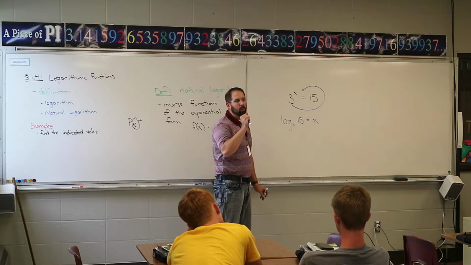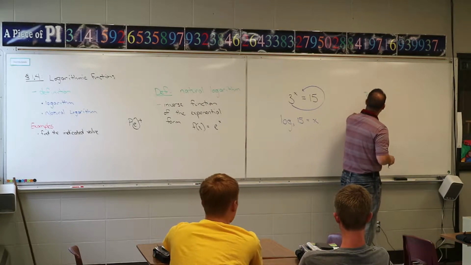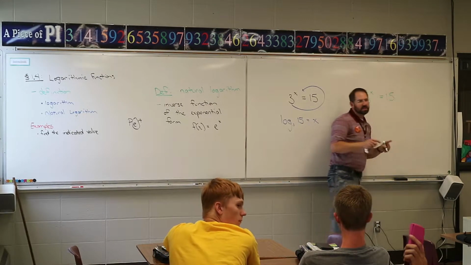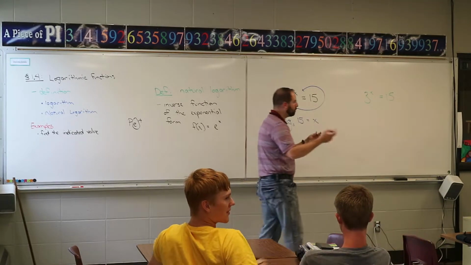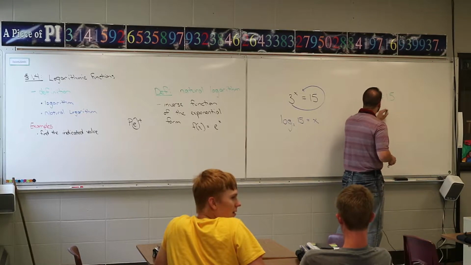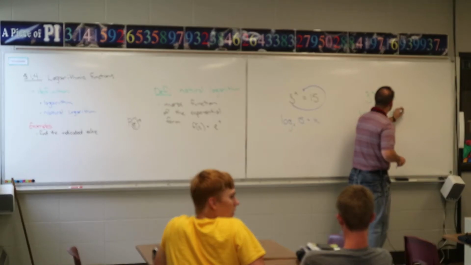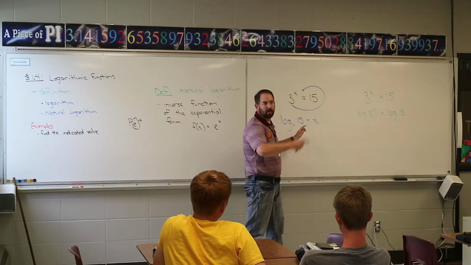So now, what you can also do is this. 3 to the x equals 15. You can actually just take the log of both sides, because it's an equation, you can do the same thing to both sides. Just take the log of 3 to the x, and it brings the x up, x log 3 equals log 15. You can do it that way, because maybe this way it might be easier than trying to remember the circle.